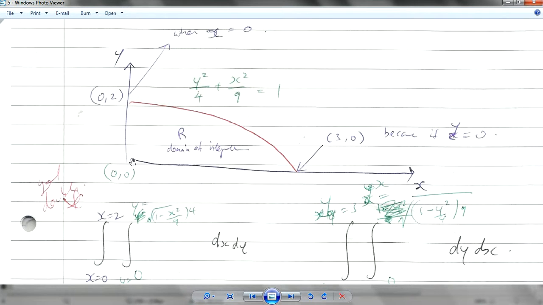That's it. If you integrate dx first, you integrate all these things, and then you integrate in terms of dy from 2 to 0. You're integrating this thing, right? He didn't explain the meaning over here, but let's just take it first.